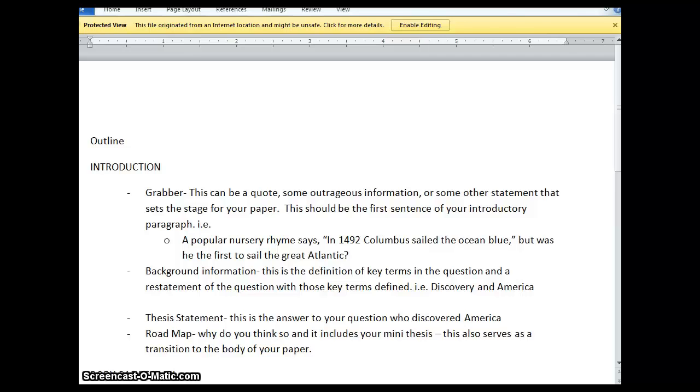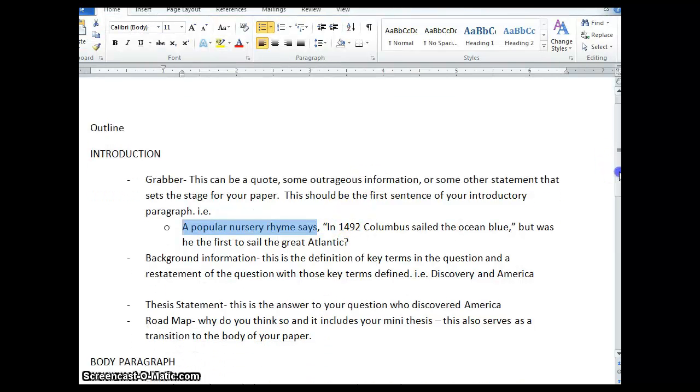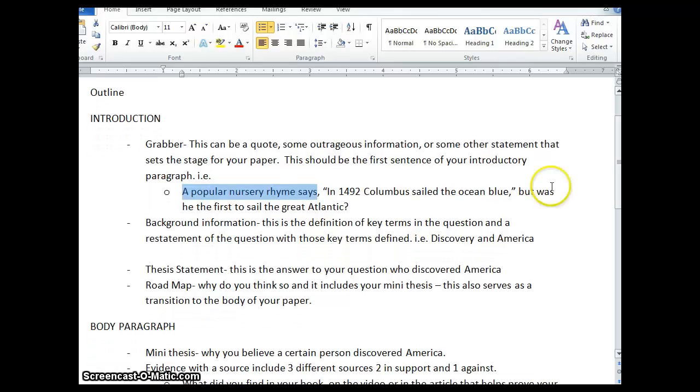I see that I've been closed out of my outline, so let me open that back up. Then you're going to need the background information. In this essay, the key to the background information is going to be the definition of the key terms in the question. The key terms: who discovered America. So what you're going to want to look at is the definition of discovery. Do you define discovery in a way that says it's the actual first person to see it?